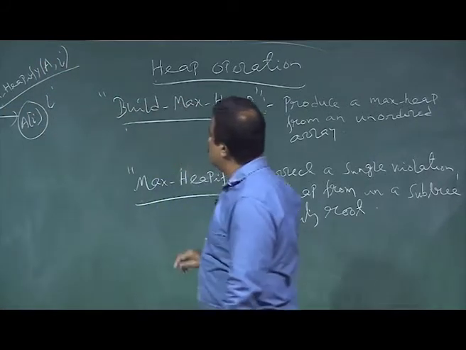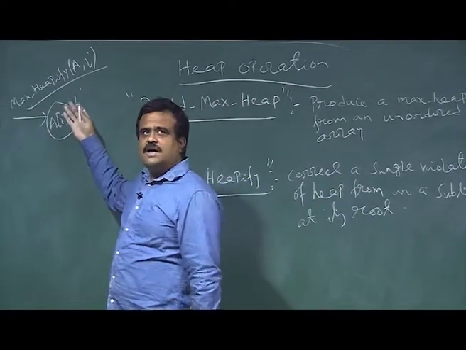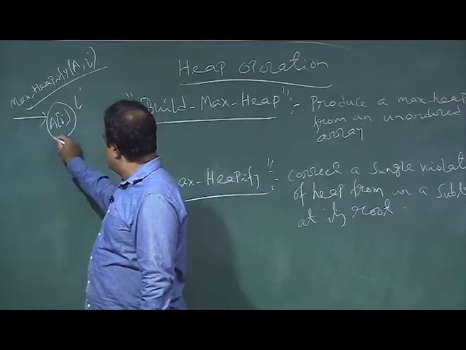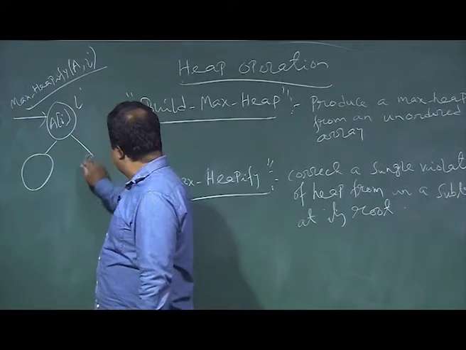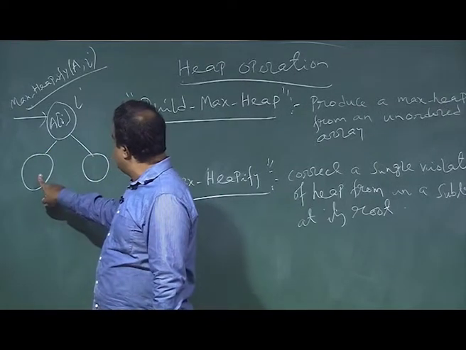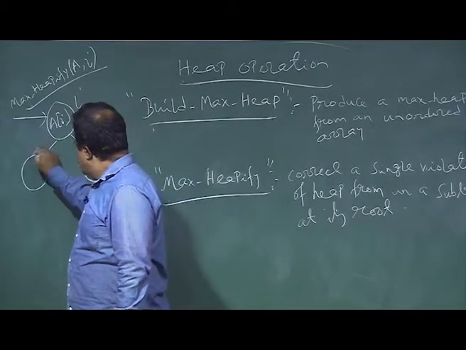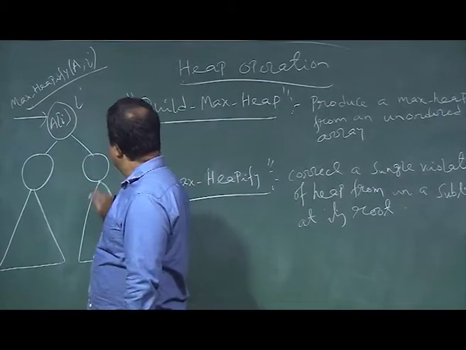So, we will talk about the code for this. We will see how this looks like. So, this is the maxify. We call this maxify at the point. For that, what we need to have: this is the left element, left child, this is the right child. So, this is the left subarray, this is the right subarray.